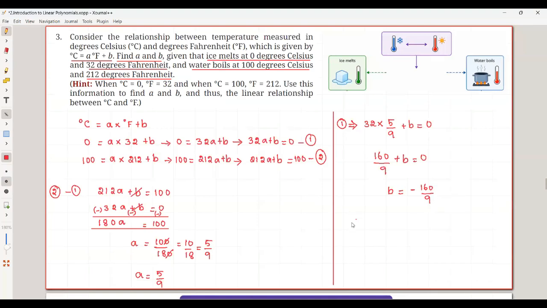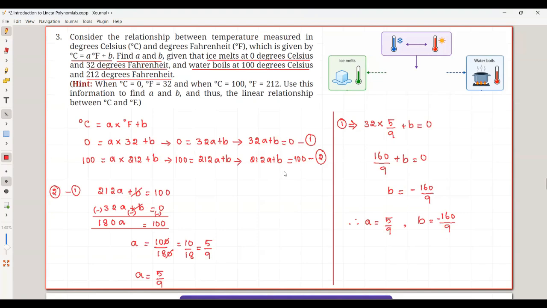Therefore I can write A is equal to 5 by 9 and B is equal to minus 160 by 9. If you want to recheck your answer, in any one of the equations, just substitute A is equal to 5 by 9 and B is equal to minus 160 by 9. While adding, you will get the answer as 0. So you can recheck your answer.